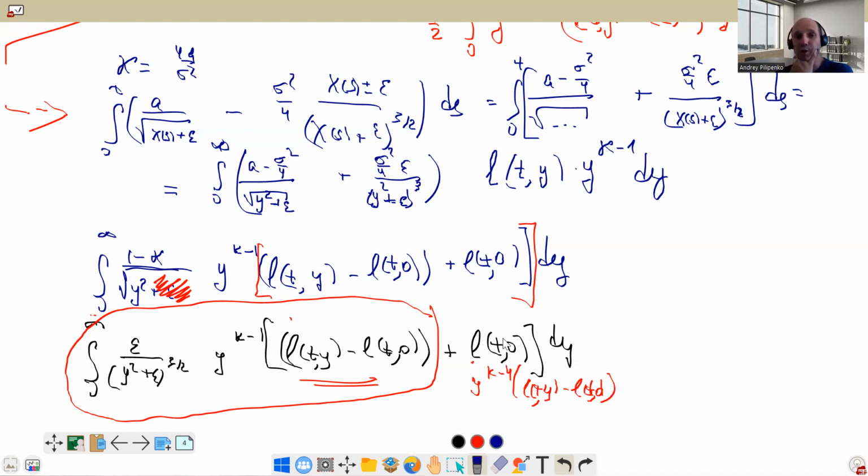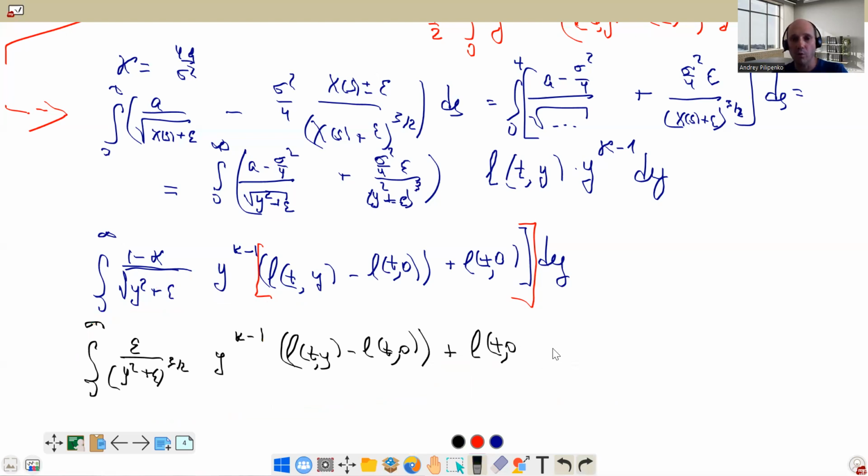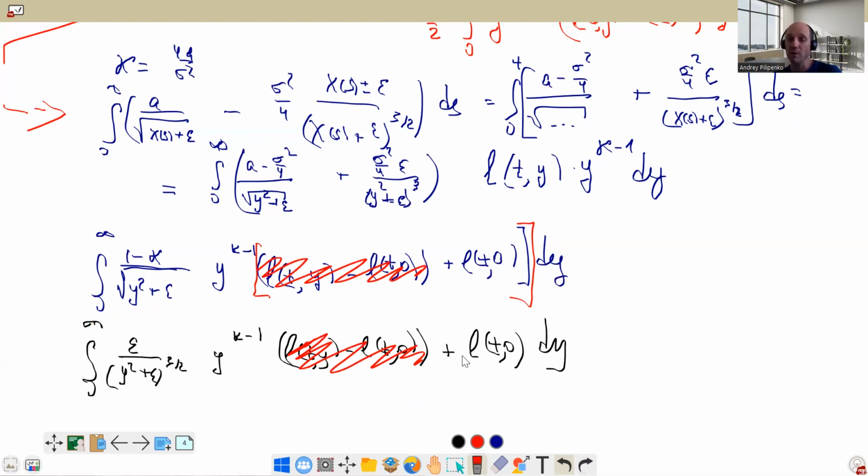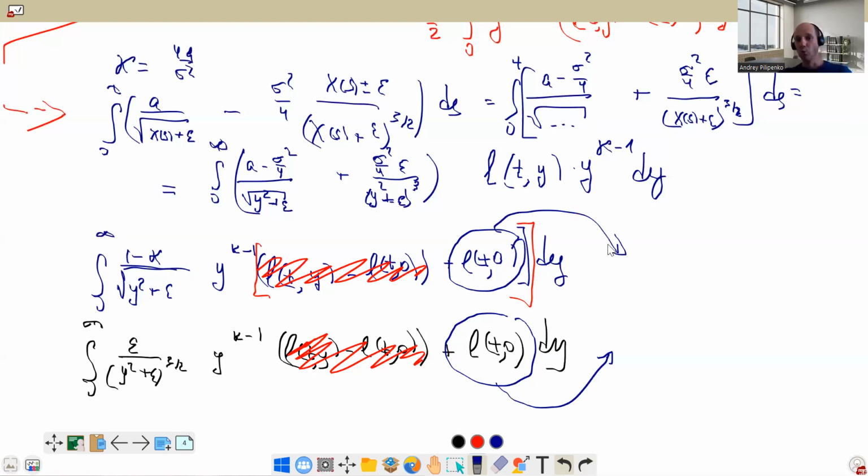Now return to the integrals. Let me erase this and this. We have to integrate these functions times L_t(0) dy and this function times L_t(0) dy. And you see this function is independent of y, so you can move it outside the integral.